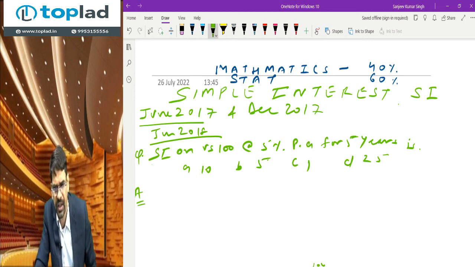If you really want good marks, if you really want to become a topper, you need to attempt each and every question. Each and every question is important.